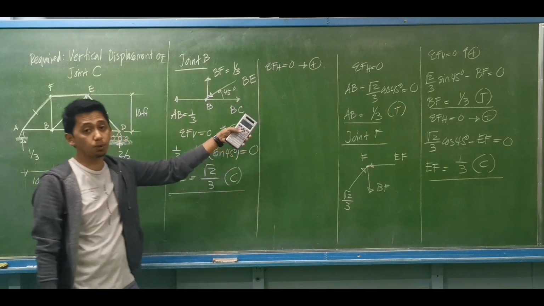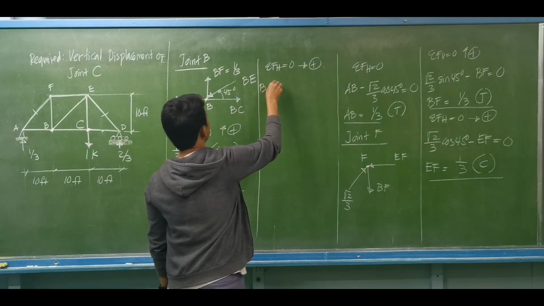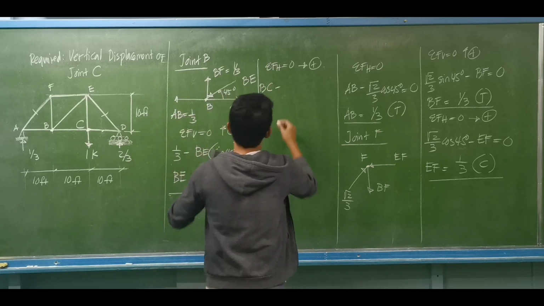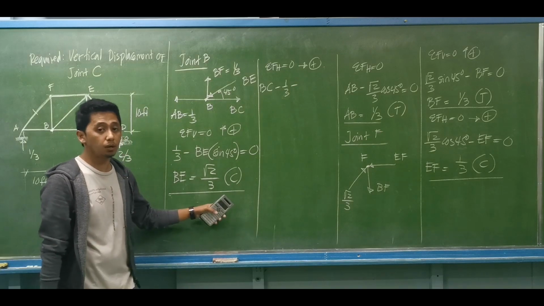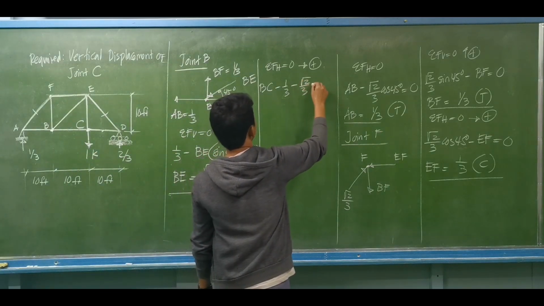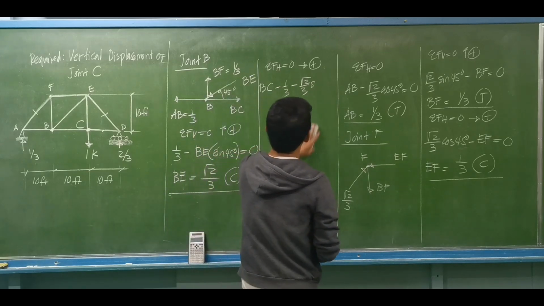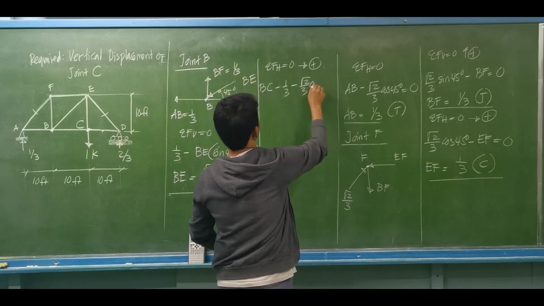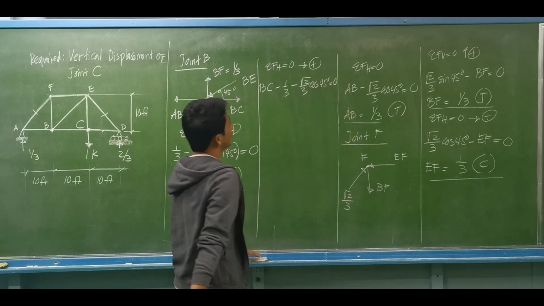Since that is bottom chord, assumed to be tension. We have BC minus AB, which is 1/3, minus we have BE, horizontal component, that is the square root of 2 over 3. Okay, horizontal component is cosine, pero pareho lang yun sa sine 45. Cosine 45 degrees equal to 0.